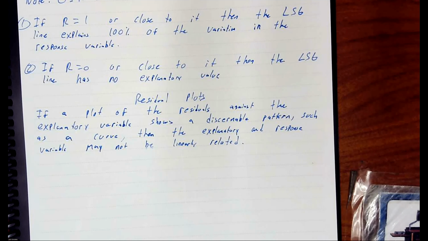Okay, does that make sense? The residuals tell you. Because when we did the Excel, remember we had an option, check the box and said plot the residuals. So we can do that and check out more information on your model. Okay.